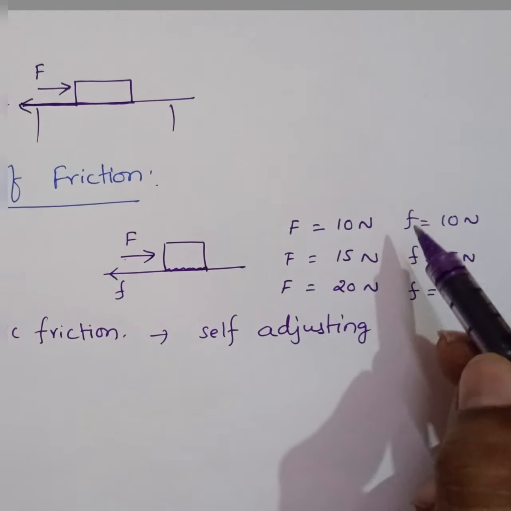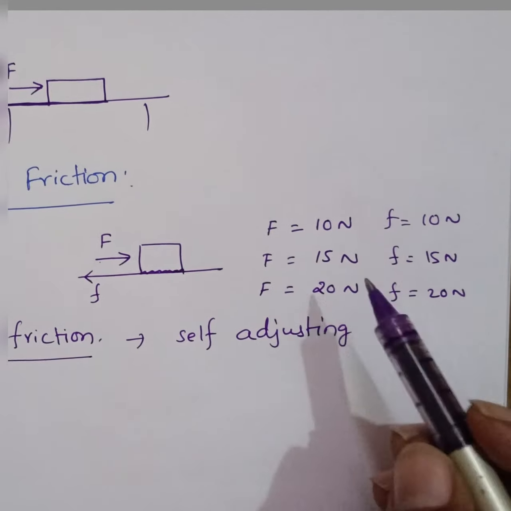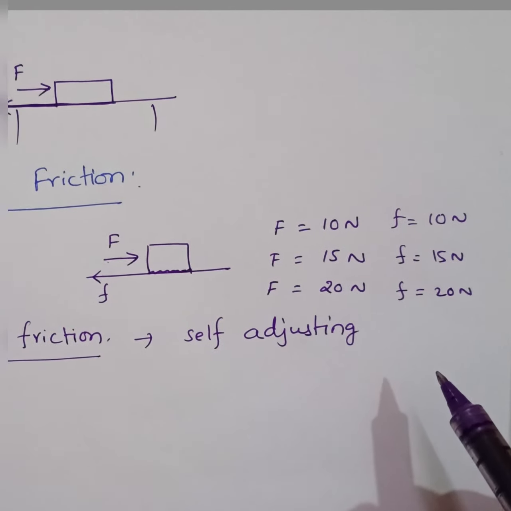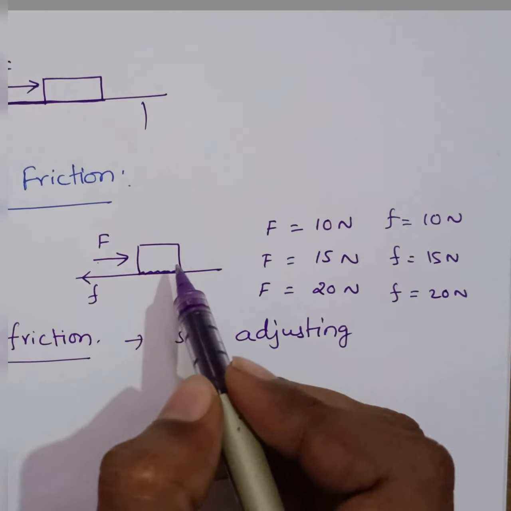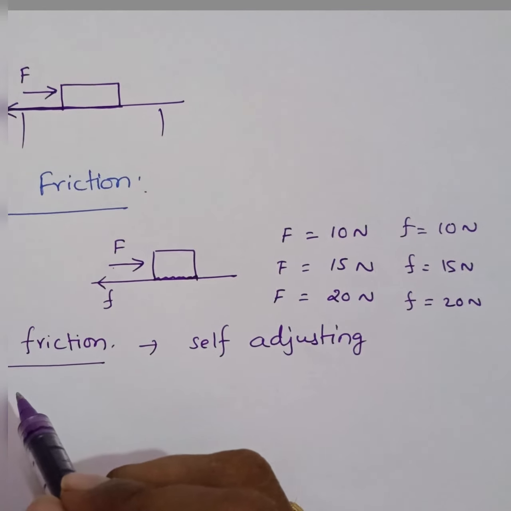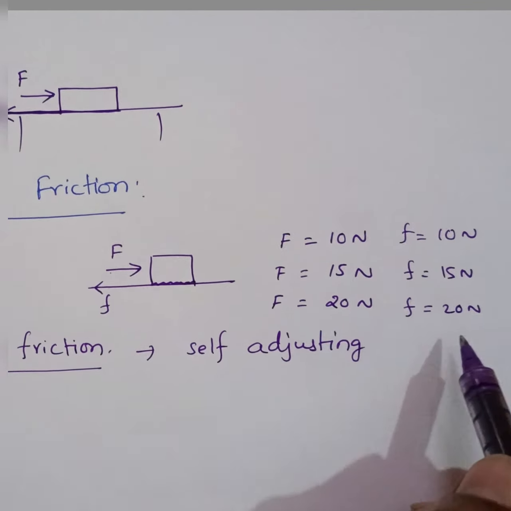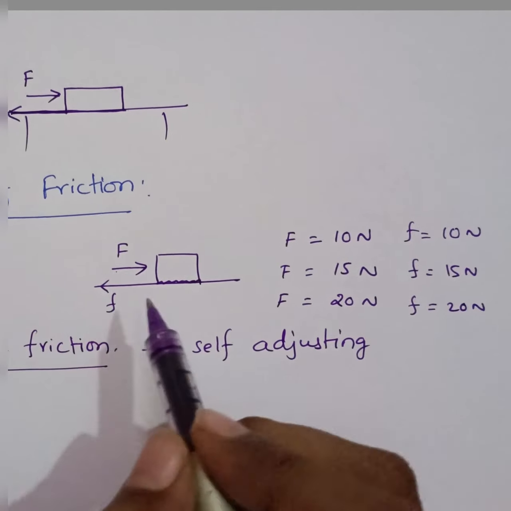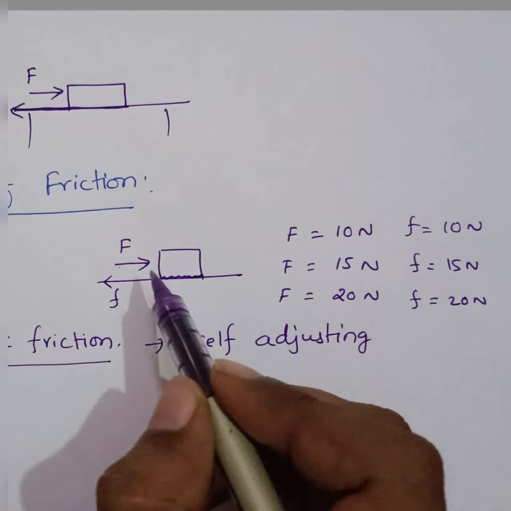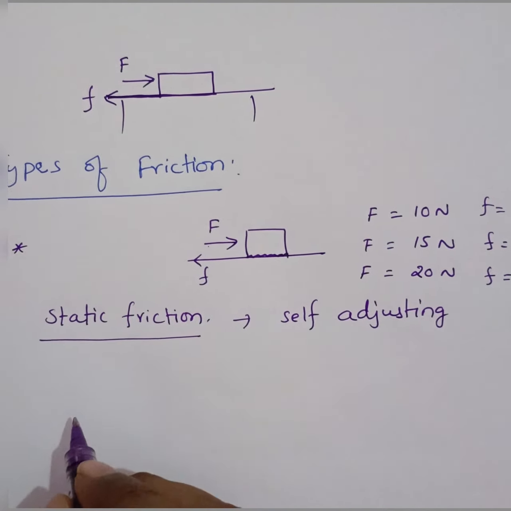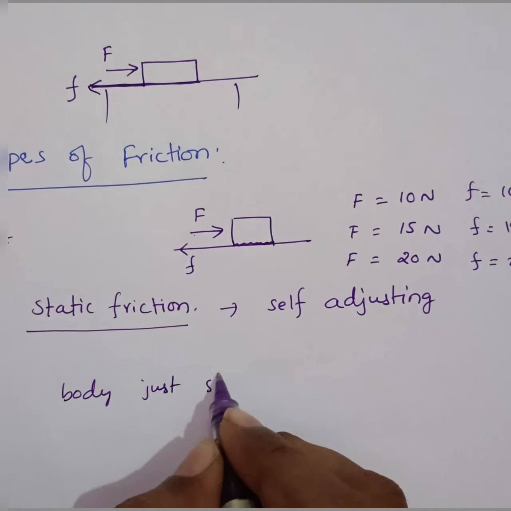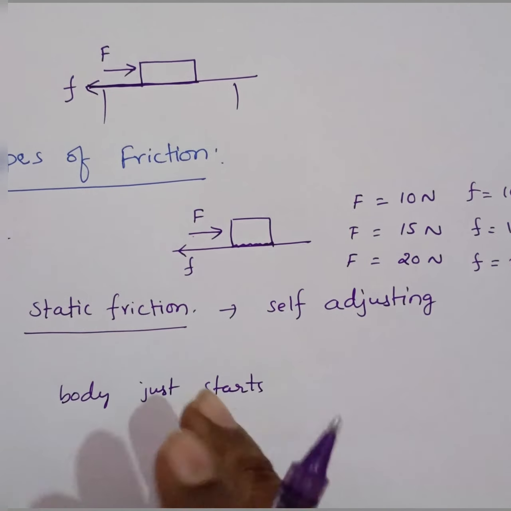Now, as I keep increasing my force, 20 Newton applied, not moving, suppose 25 applied, it starts moving when I apply some force more than the static friction. Then the frictional force is overcome by my force, and the body just starts to slide a bit.